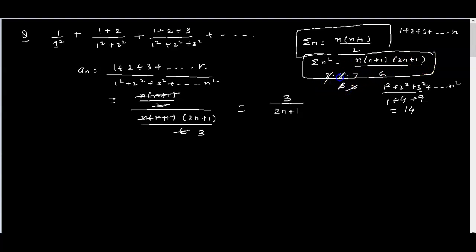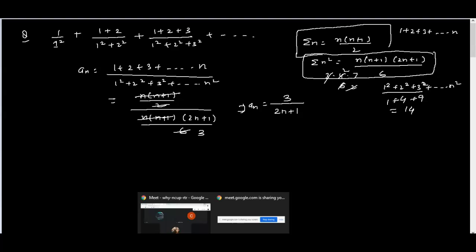This 2 and this 2, we are getting 14 only. So this is the formula. We have already studied this in the 12th class. So I have substituted here and we got the value of an equal to 3 upon 2n plus 1. Okay?